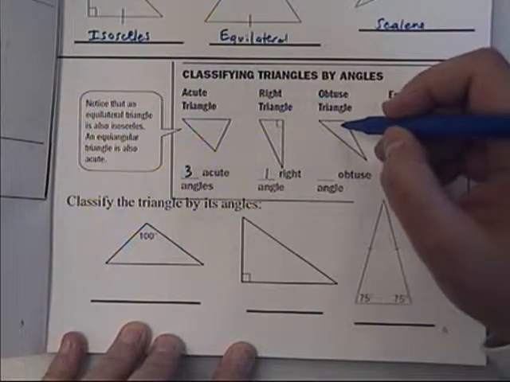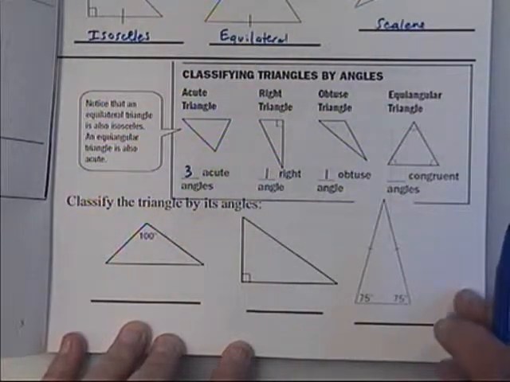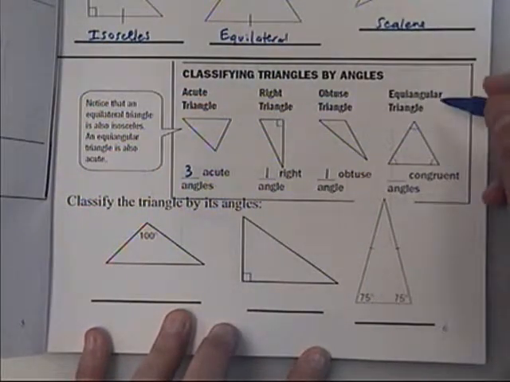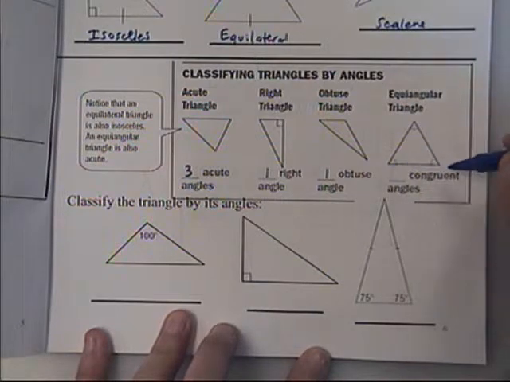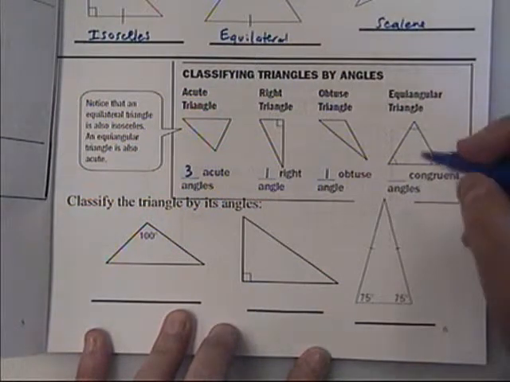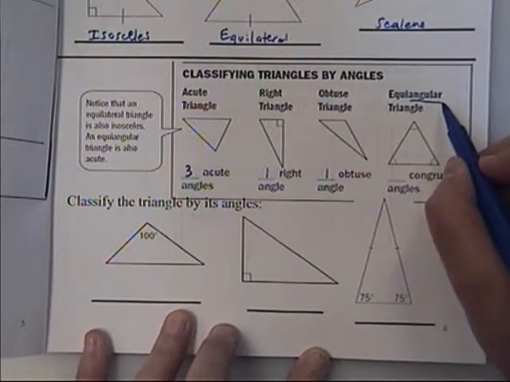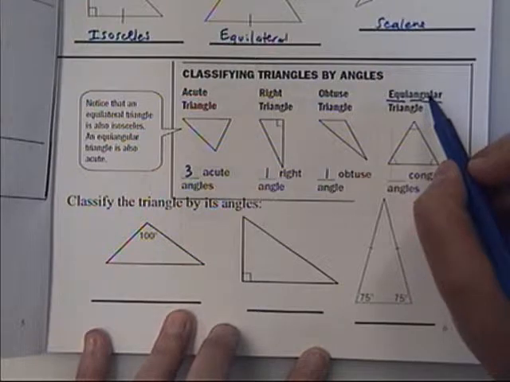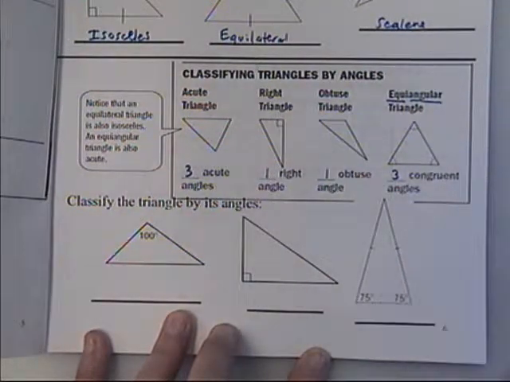A triangle where you have one angle that's bigger than 90 degrees, for example right here, that is called an obtuse angle, or obtuse triangle. And finally, a triangle where all three angles are the same as each other, that is called an equiangular triangle. Angular means angle, equa means equal. So all angles being equal, three congruent angles inside.